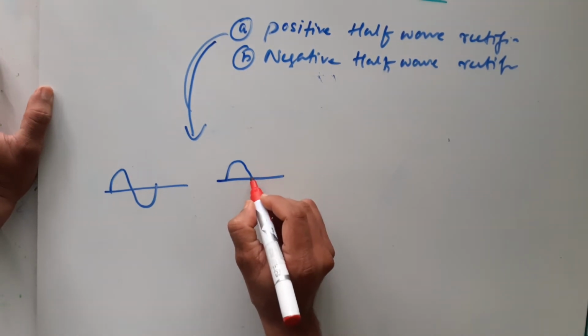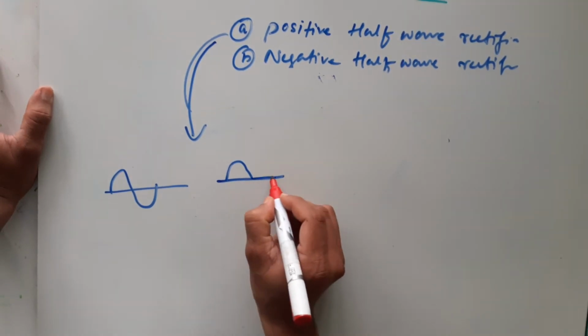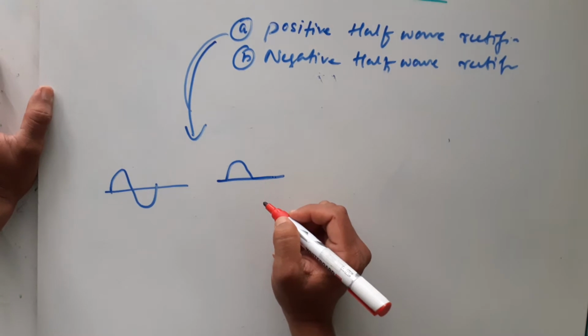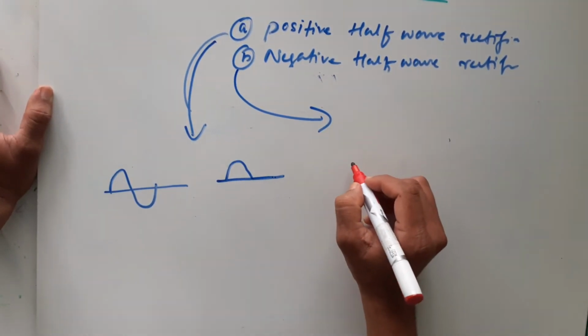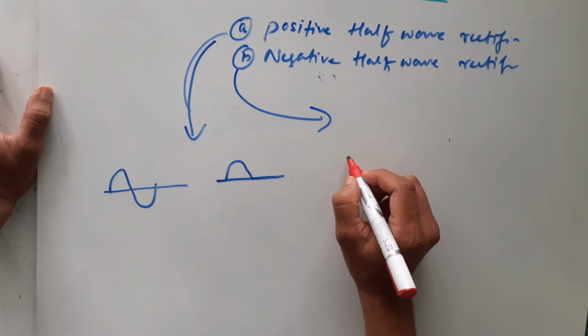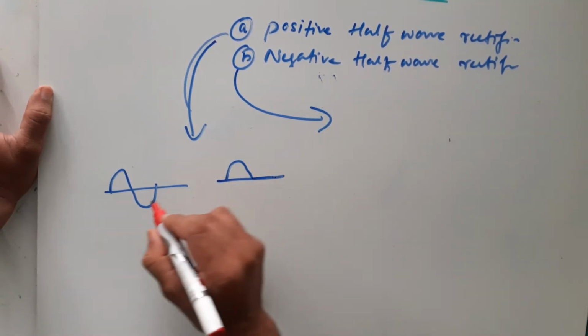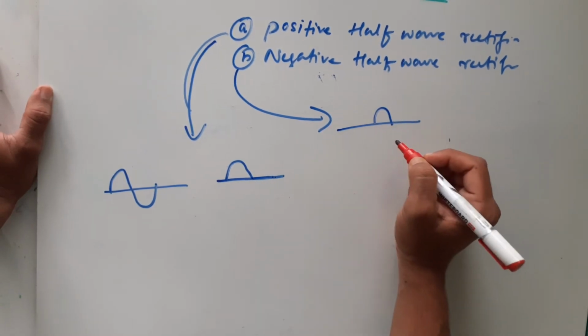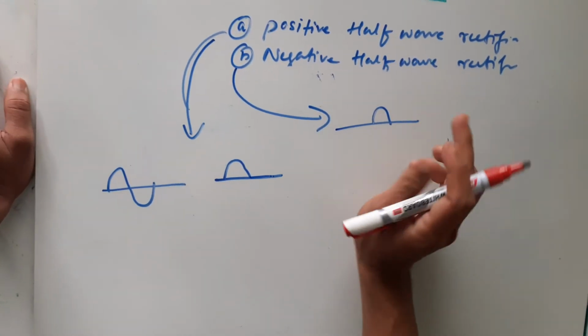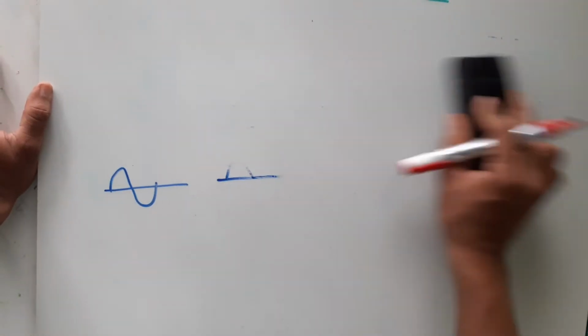Negative half will be clipped. And for negative half, if you give this input, you will get only the negative half. Positive half will be clipped. Anyway, we'll see it with circuit diagram and waveforms.